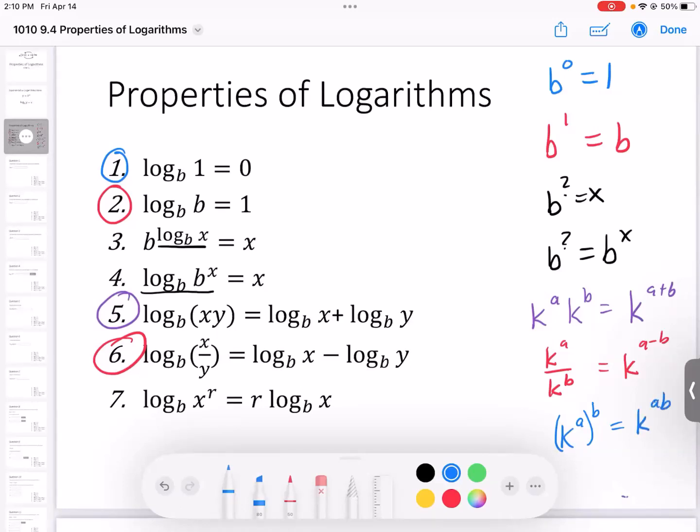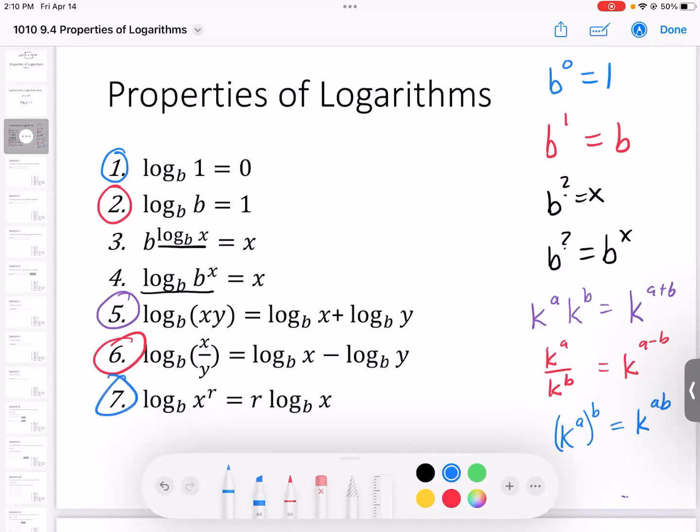So this one is basically a version of this, because it's saying if you're finding the logarithm of a power, you could think about this as a power raised to an exponent, or you could just multiply the two exponents together. So this represents an exponent and this represents this exponent. Any questions on that?